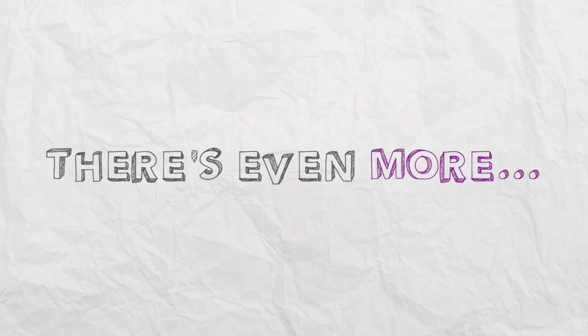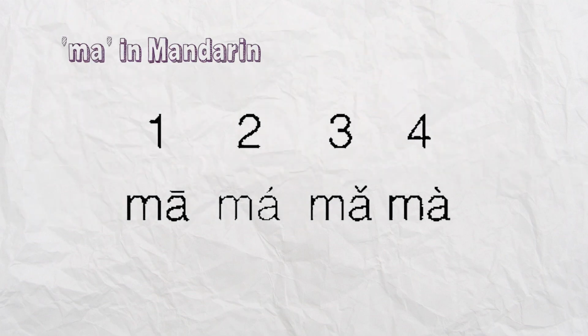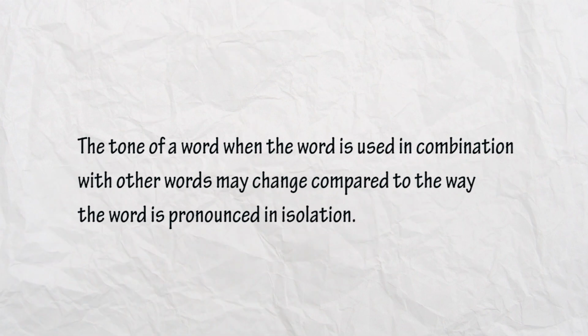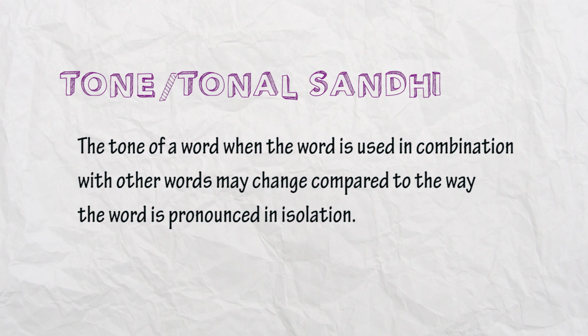If you're not already scared enough, you should know that every word is associated with a different tone. These are the tones that are pronounced when you pronounce these words separately, in isolation. But when words are put together in an utterance, tones affect each other in the sense that the tone in a syllable might change depending on the tone in the adjacent syllable. This is called tone sandhi or tonal sandhi.